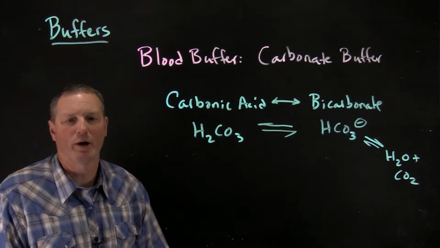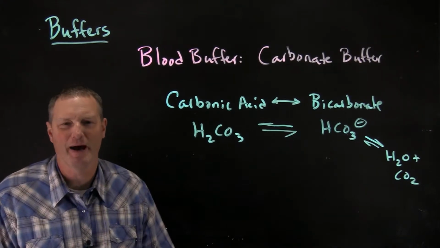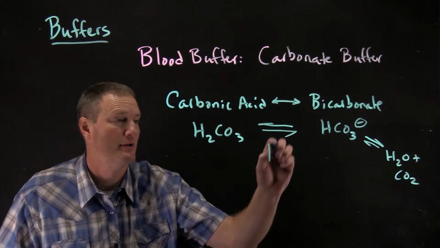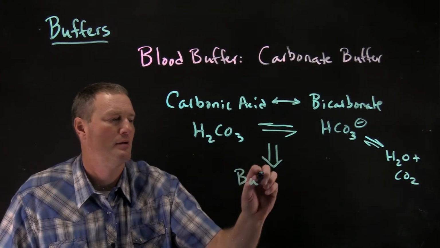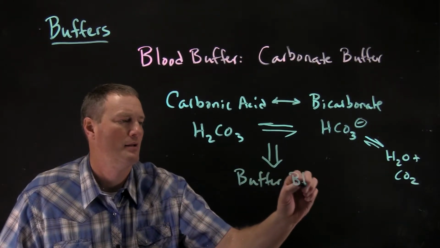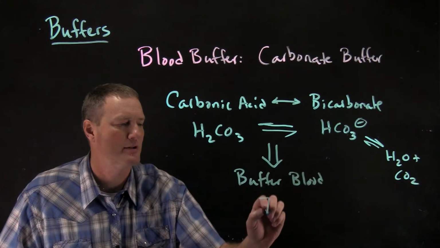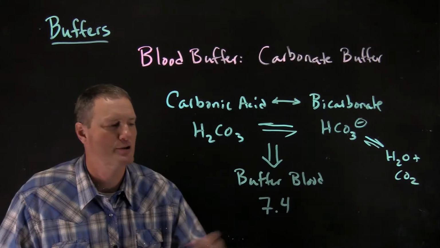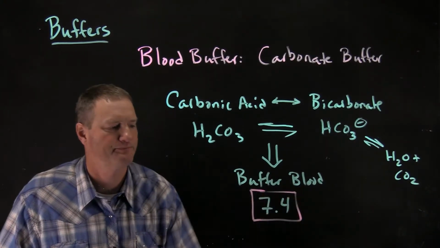So if these two are present in approximately equal amounts in the blood, we get blood that's now buffered that has a pH of around 7.4. So 7.4 is often what we refer to as physiological pH.